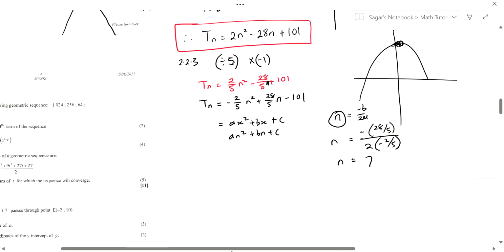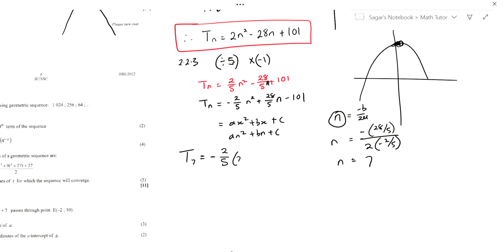Now we need to find your 7th term. So we need to substitute 7 into the equation. Plus 28 all over 5 multiplied by 7 minus 101.